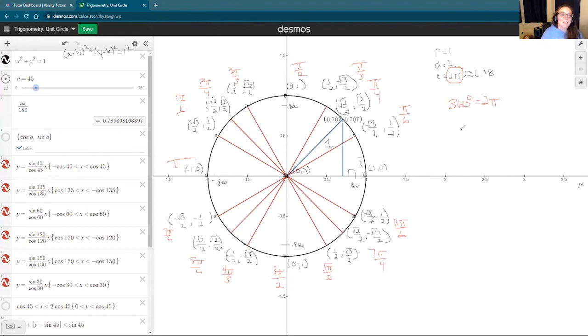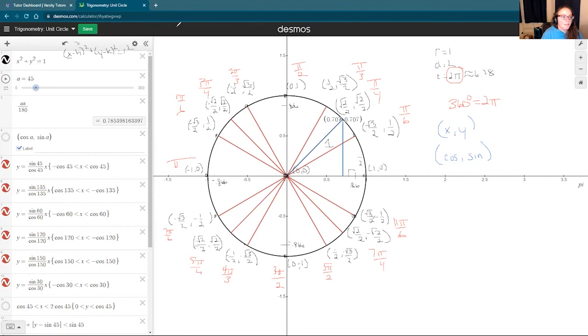Radius when we're talking about circles, or the hypotenuse when you're talking about triangles. And we kind of mix them all together here. Okay. So x, y is cosine, sine.